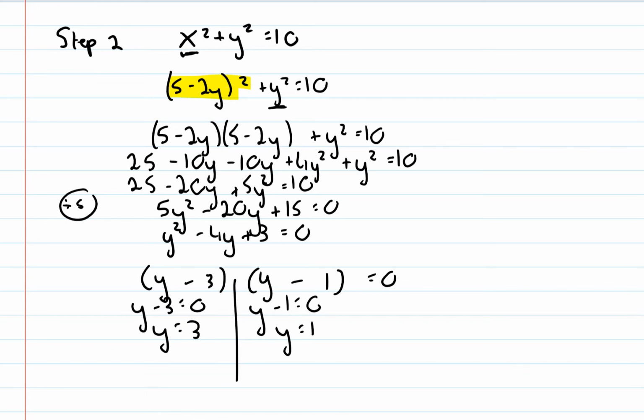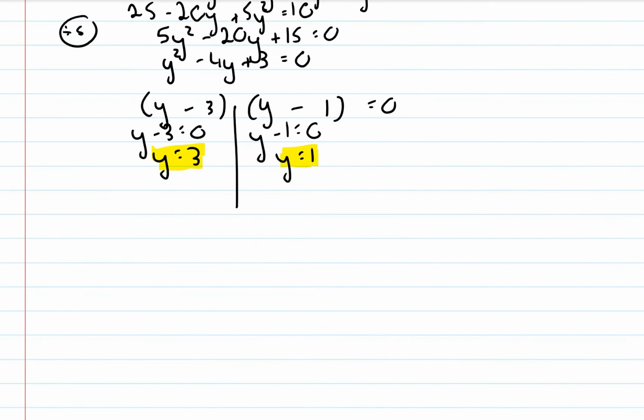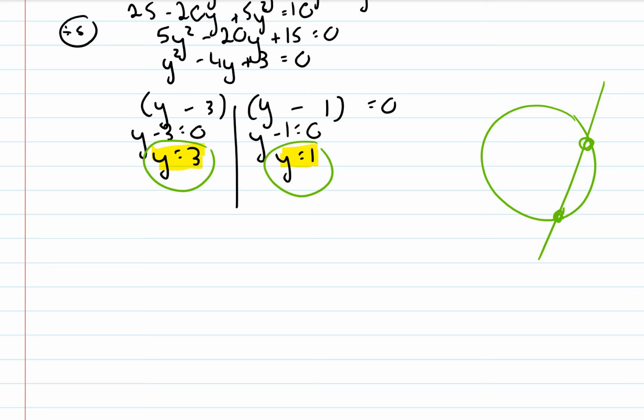If we notice then, we have 2 answers for y. As soon as we get 2 different answers, we know that the line crosses the circle in 2 places. I have my y values, but I don't have my x values.